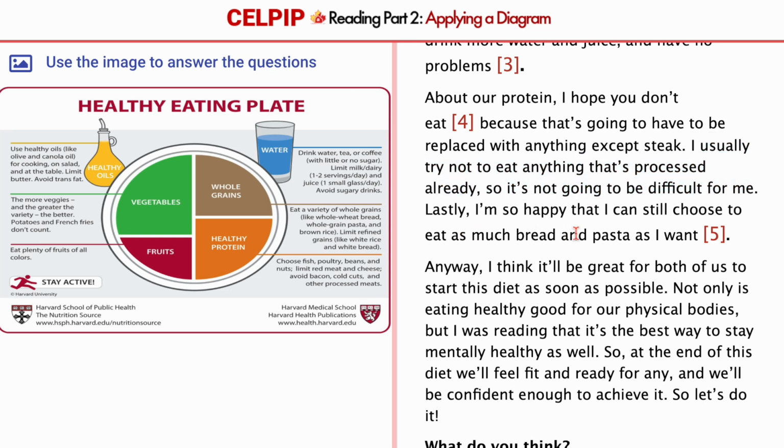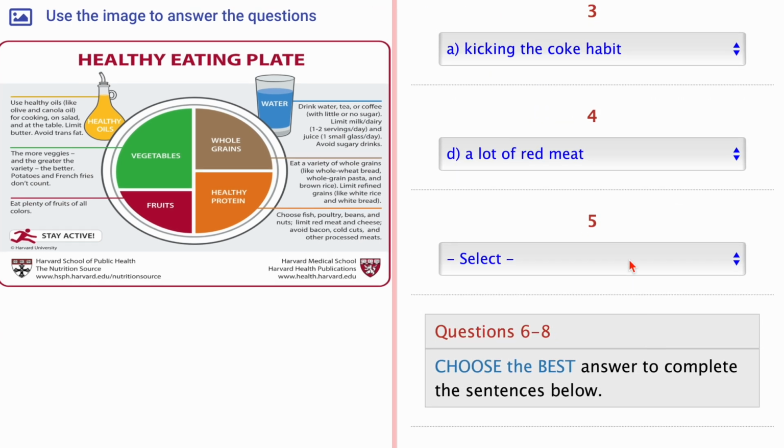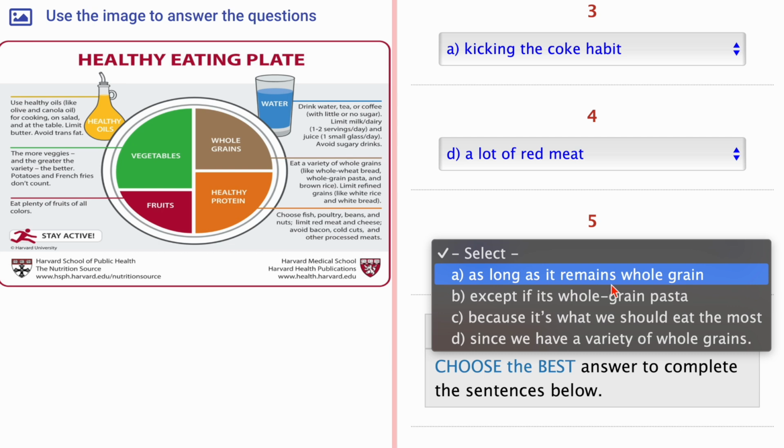Lastly, I'm so happy that I can still choose to eat as much bread and pasta as I want. It's got to be about whole grains. Let's look at the answers. As long as it remains whole grain, except if it's whole grain pasta, because it's what we should eat the most, since we have a variety of whole grains.